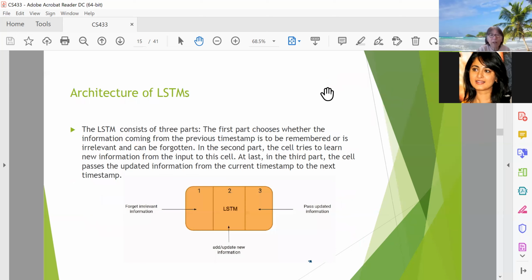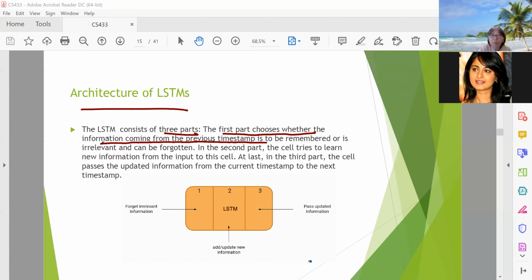Then let's see the architecture of the LSTM. So there are 3 parts. Be careful about LSTM. The first part is I choose whether information coming from the previous time step is going to be remembered or not. So we will make a decision if we want to forget irrelevant information.